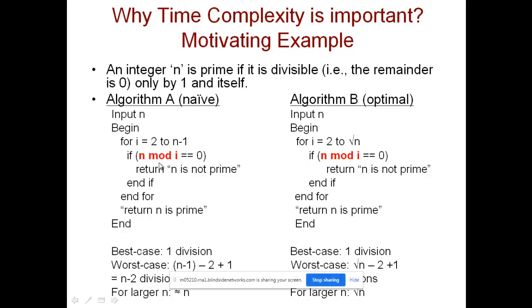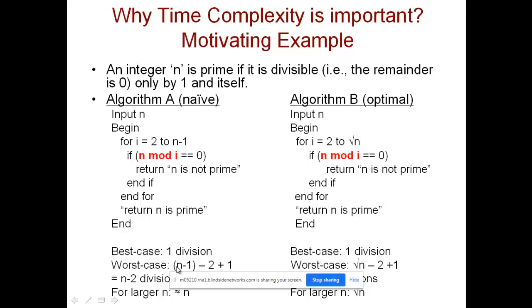So we will do one division and decide that integer is not prime. So for all even integers, you will do one division. That's the best case. Now, if your integer is indeed prime, then you have to do all these divisions from i equals 2 to n minus 1, right? And that's the worst case.